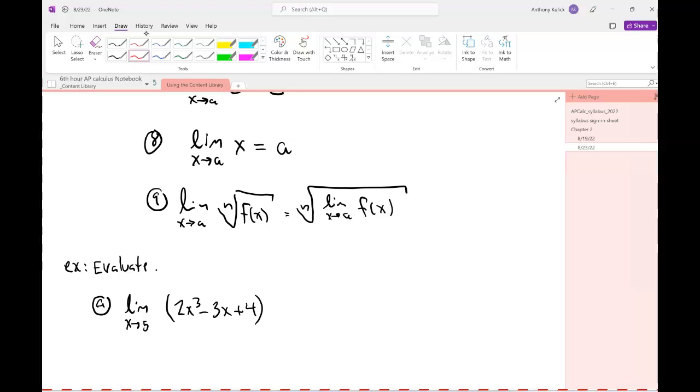All right. So the first thing I would do is I'm going to be using properties 1 and 2 to allow me to distribute that limit to each of the 3 parts of this polynomial.